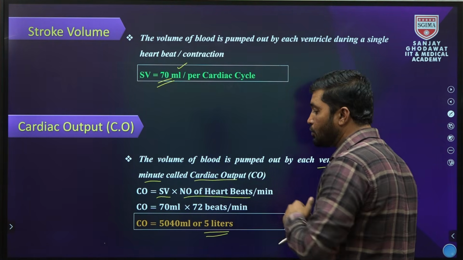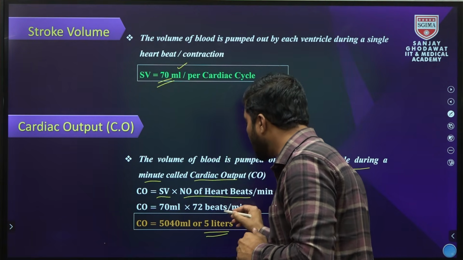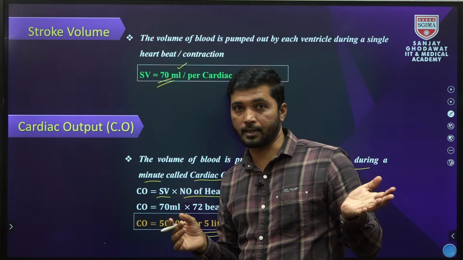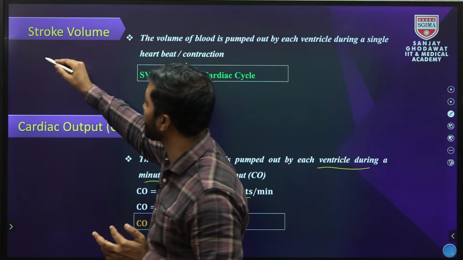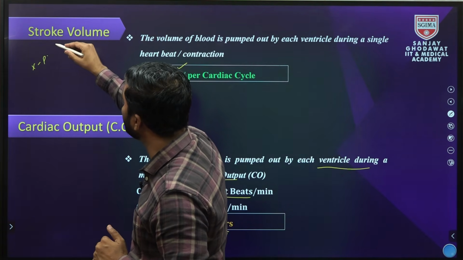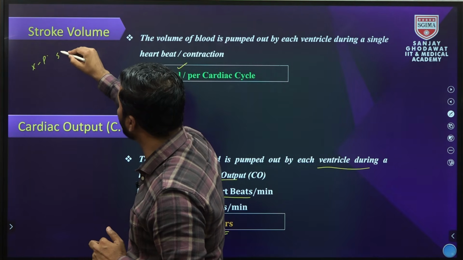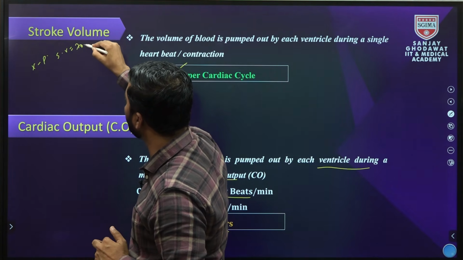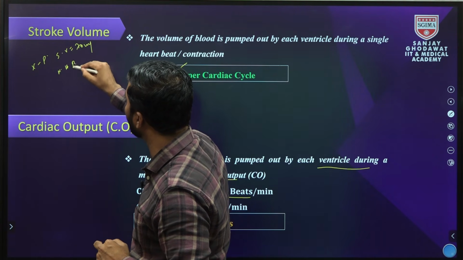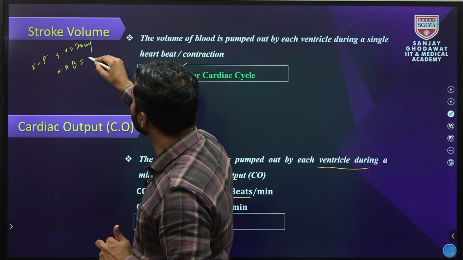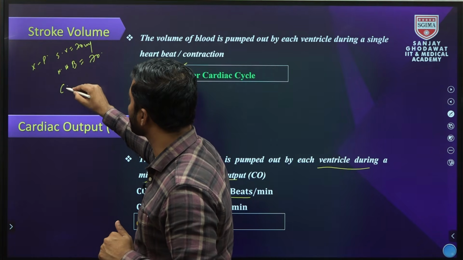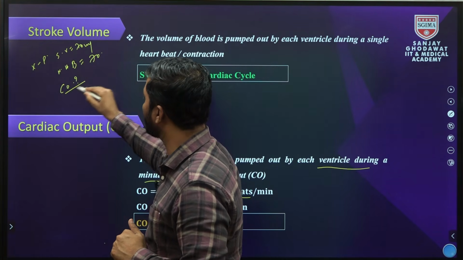Sometimes, from an objective point of view, they can change the stroke volume or the heartbeats per minute. If you take a question on person X, the stroke volume is 70 ml, whereas the number of heartbeats is 70, and what is the cardiac output?